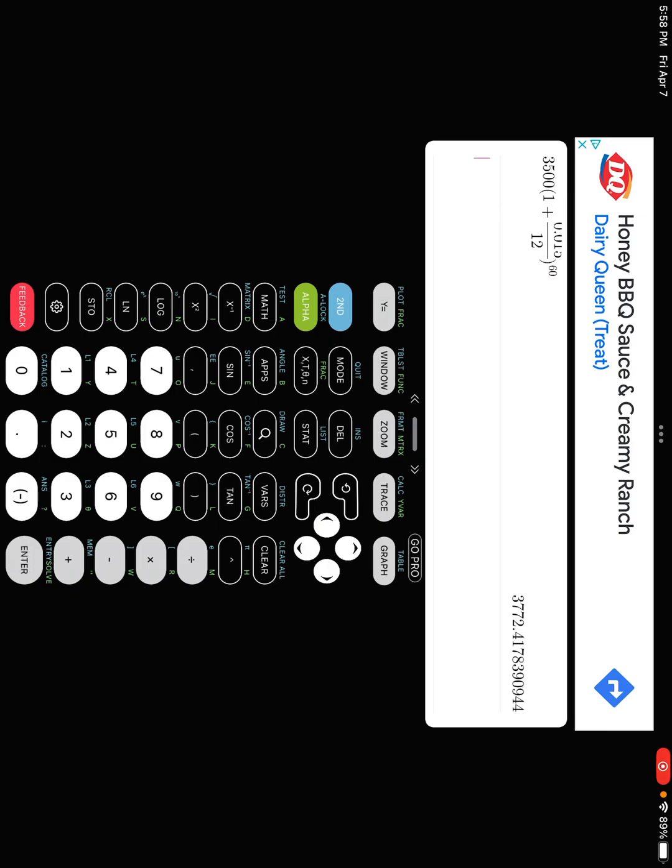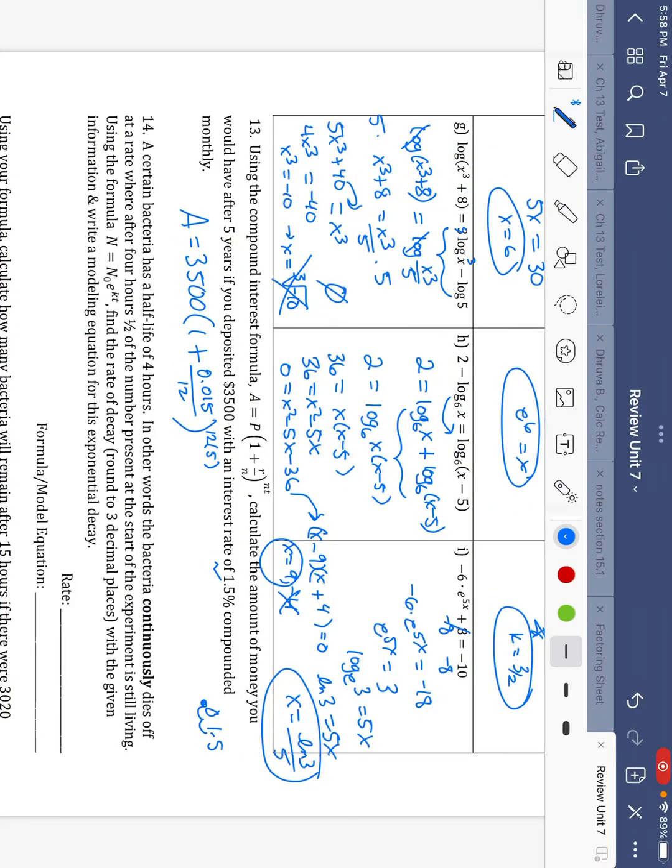All right, so you'd have $3,772.42. So 3,772.42. And it's money, so obviously we're rounding to 2 decimal places.